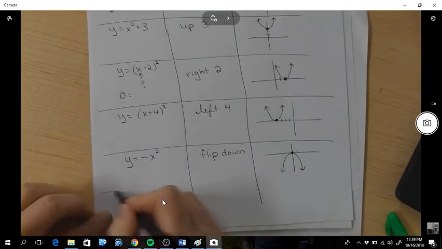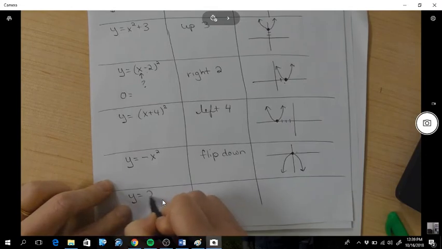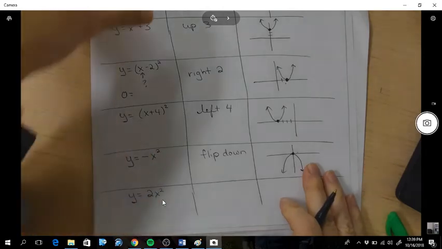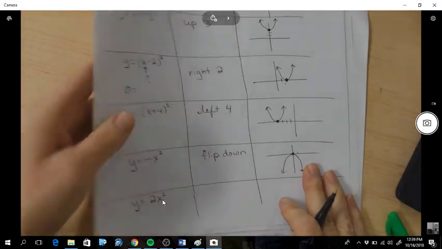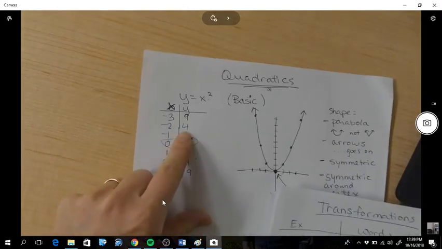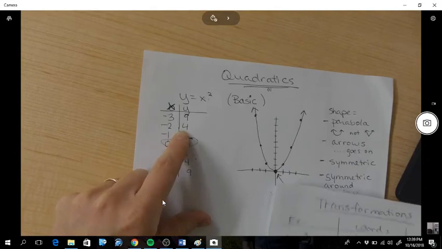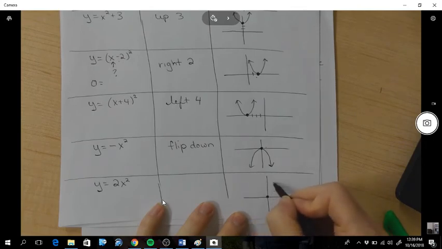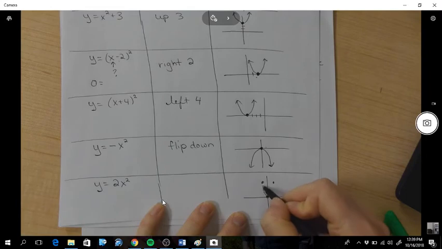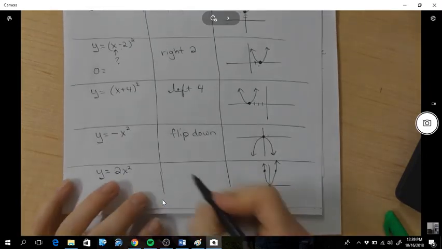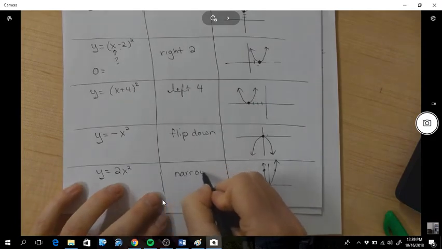Okay, and then what would happen if I did a multiplier in front of the x squared? Okay, so let's think back to our chart. I'm squaring this, and now I'm going to have to multiply it. So instead of going 4 up, I would go 8 up. So what's going to happen is that I'm going up at a faster rate. So when you go up at a faster rate, you're going to narrow.